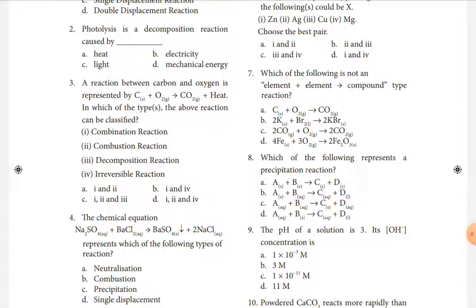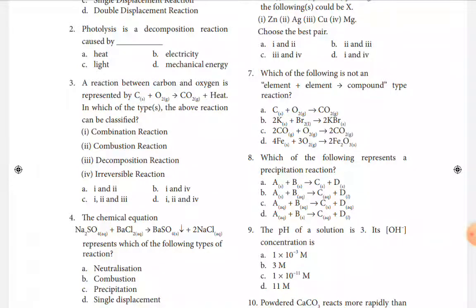It is also an irreversible reaction: the product will not recombine to give the reactants. So combination, combustion and irreversible are all correct, and you have to select the best option, that is D.